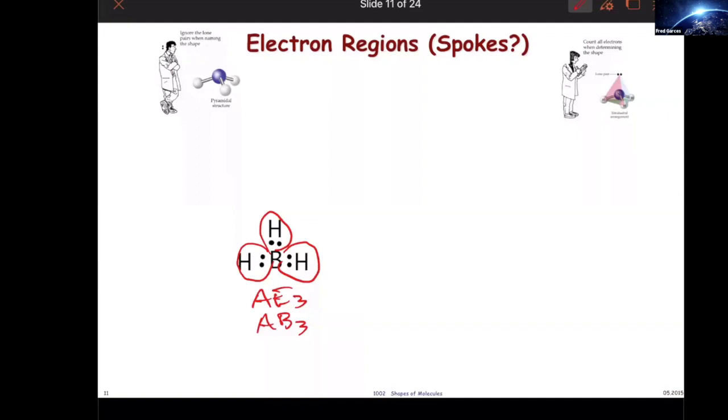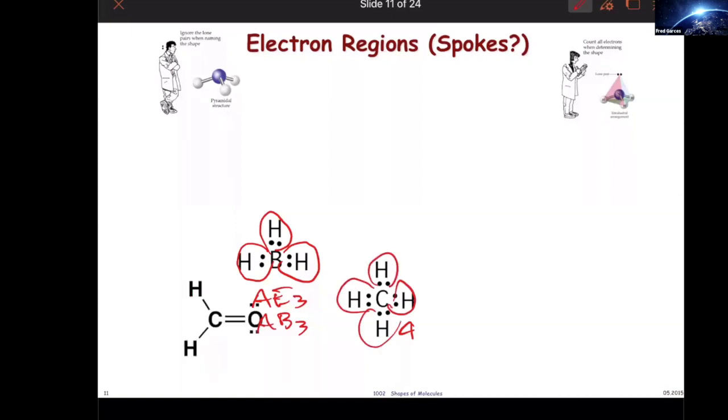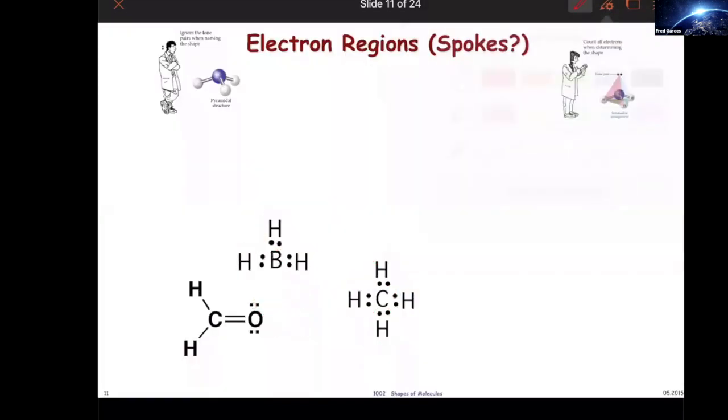Let's take a look at that. That's methane. You guys already know that has 4 domains: 1, 2, 3, 4. Okay. If you take a look at this, you can see that this right here is formaldehyde. The central atom is that right there, and coming out of that carbon are 3 domains. 1, because even though that's a double bond and there are 4 electrons here, it's pointing in one direction.